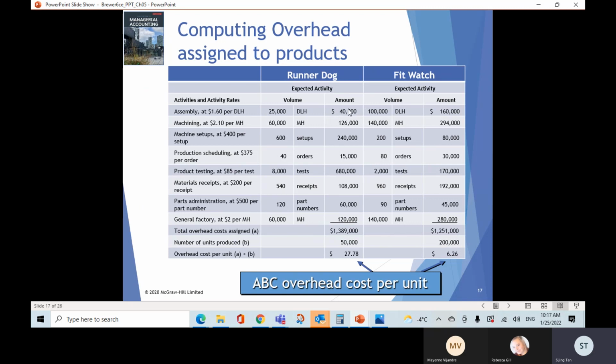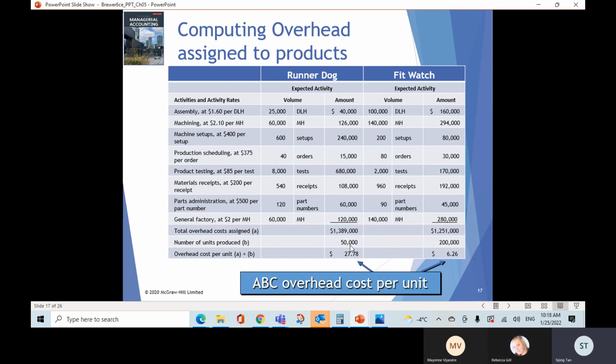When you finish all those total amounts, using the rate times the expected volume for each of the activities, you have your total overhead cost assigned. And you have your total cost assigned to feet watch. Then the number of units produced was given. 50,000 for runner dog, 200,000 for feet watch.